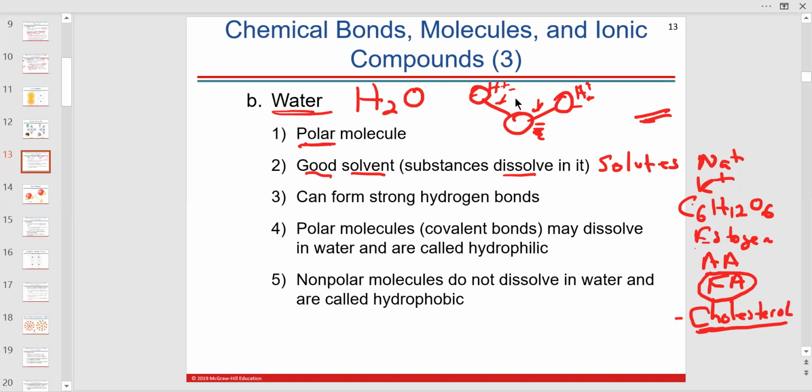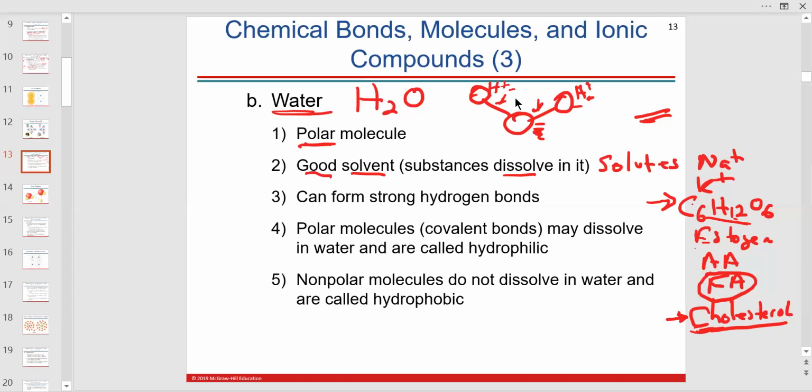So what would you say about cholesterol as compared to glucose? Glucose is polar. Glucose is hydrophilic. Glucose is non-lipid soluble. So cholesterol is all the opposite. Cholesterol is non-polar. Cholesterol is hydrophobic. Cholesterol is lipid soluble. And it all has to do with this chemistry.